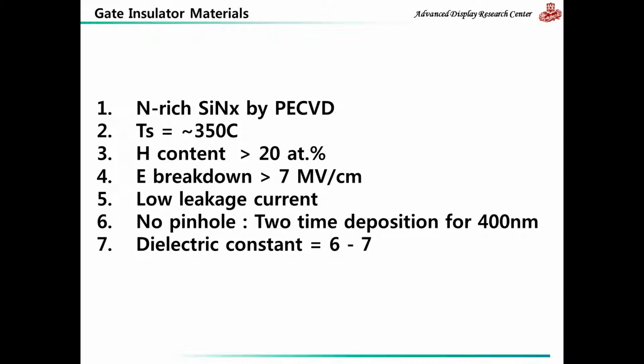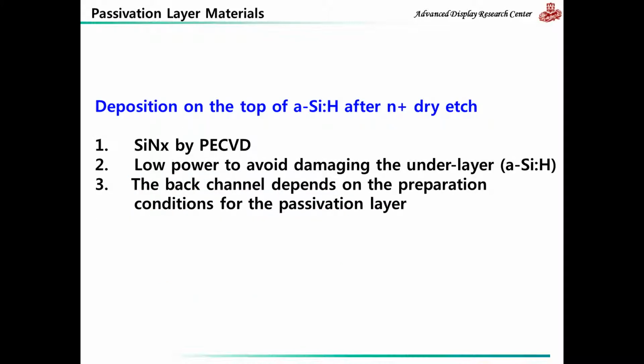Silicon nitride is preferred for the gate insulator because of its high electric field breakdown, which is over 7 megavolts per centimeter, because of its low leakage current and absence of pinholes, and because of its high dielectric constant, which is between 6 and 7. The deposition of the passivation layer must be done at low power to avoid damaging the amorphous silicon.